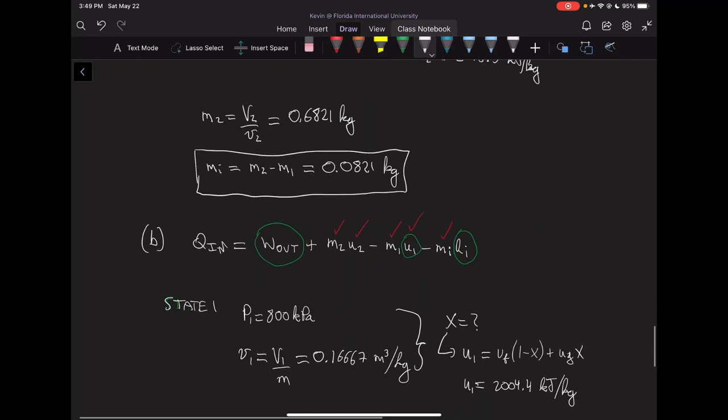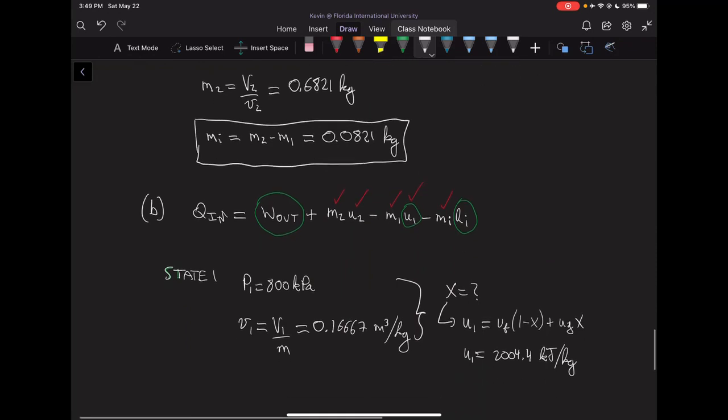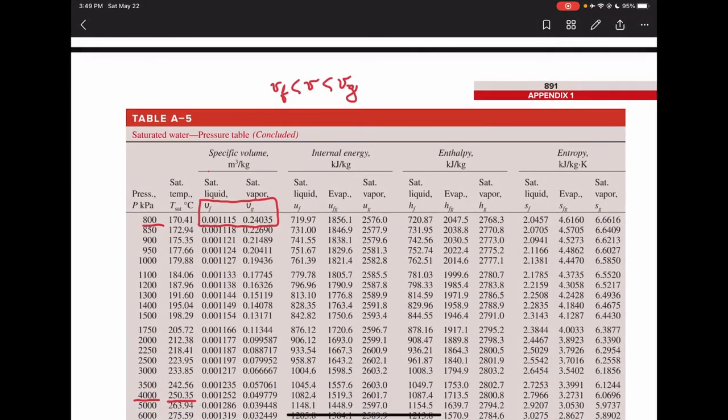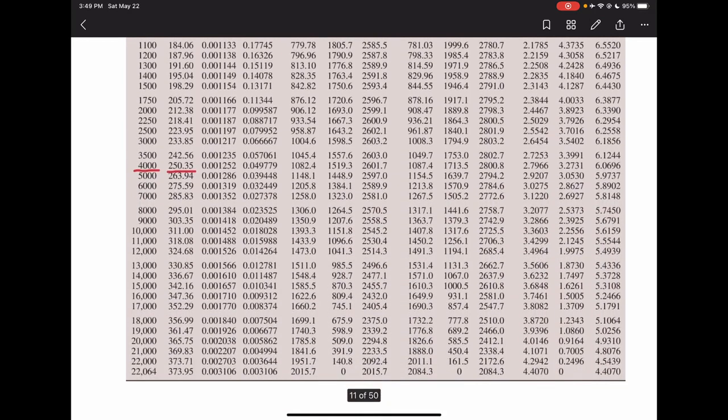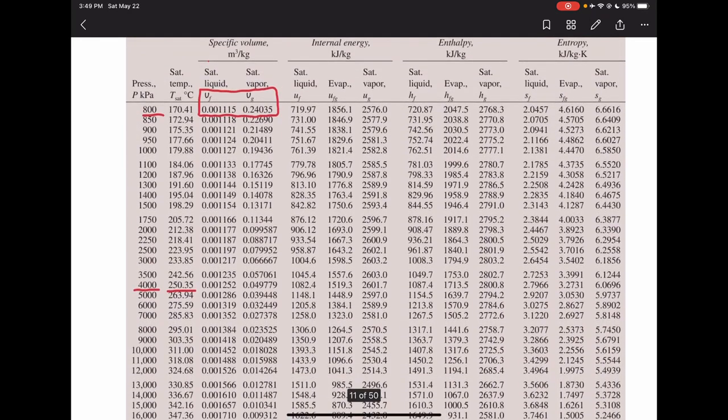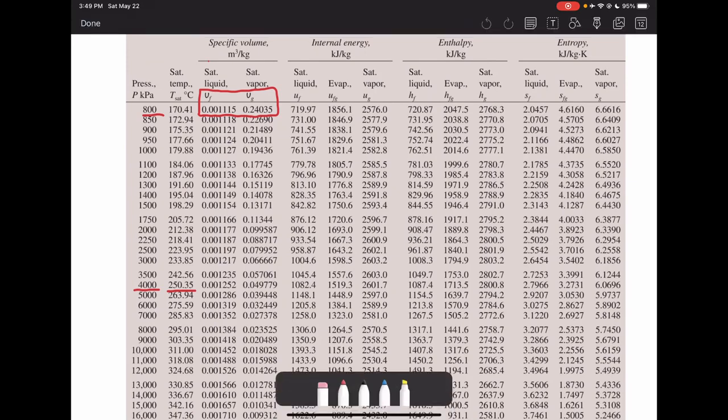So from there, we can go to our tables once again and look for 5 megapascals and 500 degrees. So we can start with our pressure table. We go to 5 megapascals, which is right here. So let me erase 4,000. So at 5,000, we have a Tsat of 263. Clearly, our temperature is higher than that, so we have a superheated vapor.